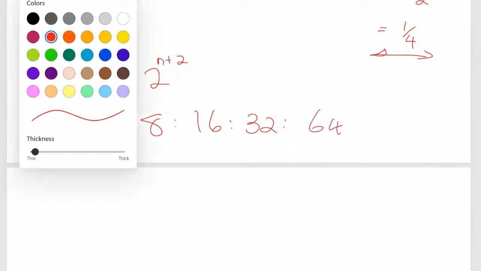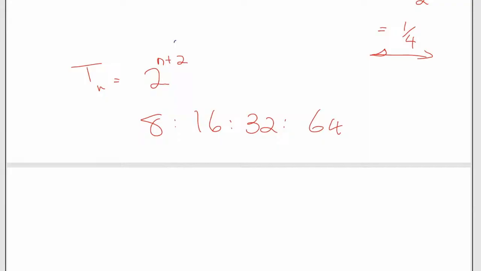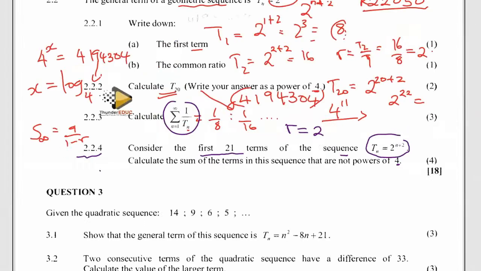Let me just base on these ones. I know that 8 cannot be expressed as a power of 4. But 16 can, because that will be 4 squared. This 64 can, which is 4 cubed, and so on, up until the 21st term. So if I look at 16 as our first power of 4, the question is asking for the sum of those that are not.